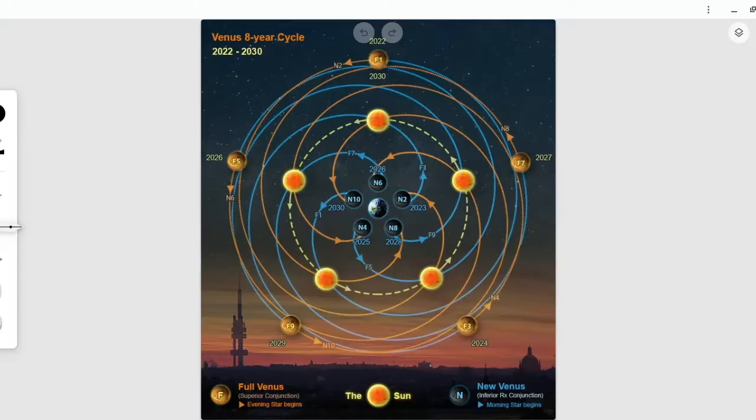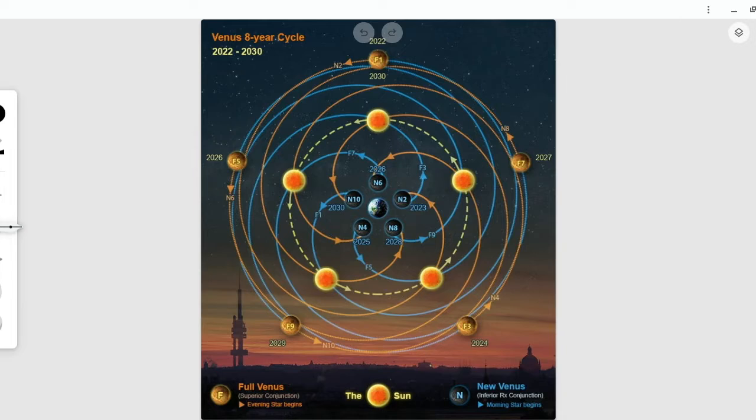But another way we can think of this rosette pattern emerging is if we think of the Earth being in the center. From our perspective here on Earth, of course we're orbiting around the Sun, but the Sun appears to move through the ecliptic, which is the band through which all of the zodiac constellations are in.